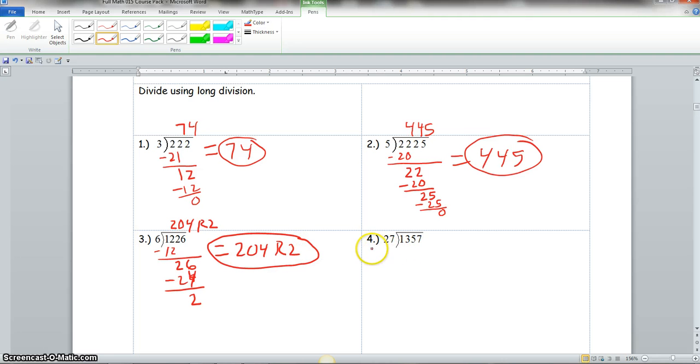Now we go here to number 4. Now we have a 2-digit number on the outside. So we ask ourselves, does 27 go into 1? No. 27 go into 13? No. 27 does go into 135.